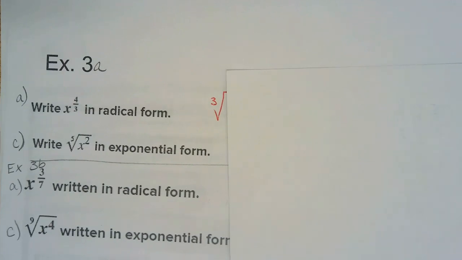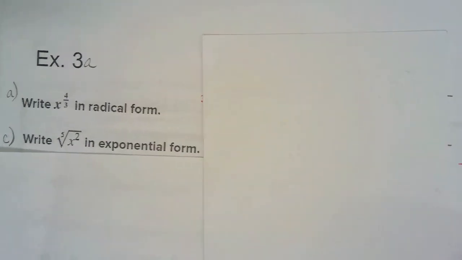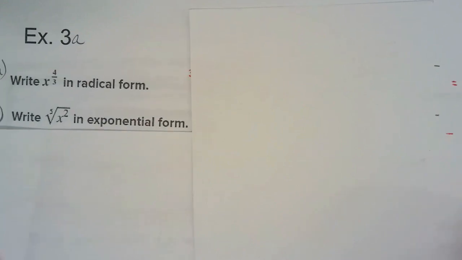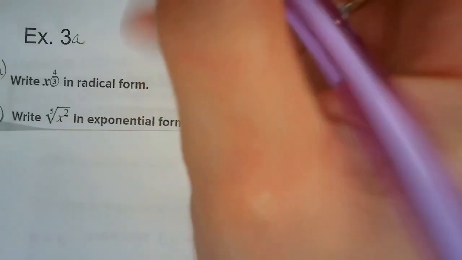So what we're going to do is practice rewriting from radical to exponential form. So if I have x to the 4/3, I would rewrite that so that this bottom number is my index.